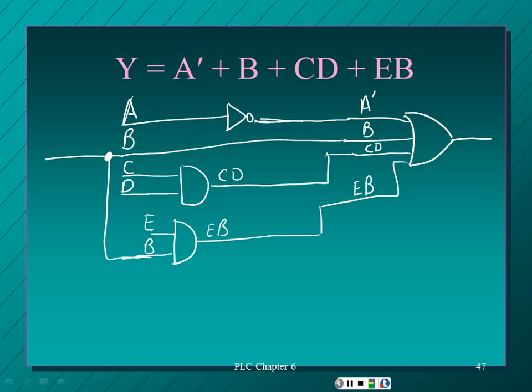So start with the big thing. I guess at the end of it, I should have put Y. Well, it's saying that I'm going to put a signal in for A. So if I put a signal in, it gets inverted.